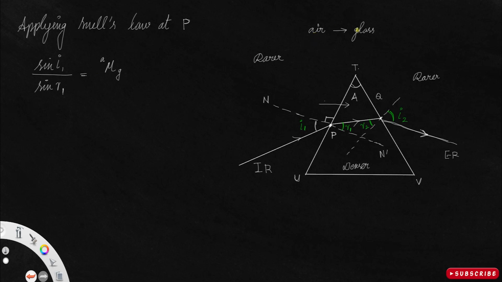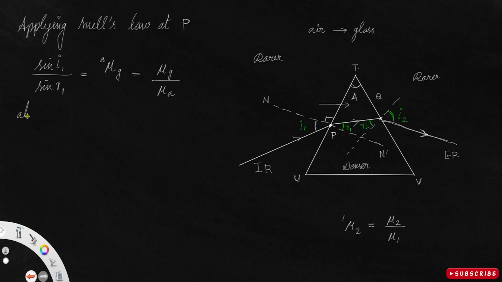Since it is moving from air to glass, we have to first consider the second medium. That is, this is equal to absolute refractive index of glass by absolute refractive index of air. We know mu21 will be mu2 by mu1, the absolute refractive index of second medium by absolute refractive index of first medium.